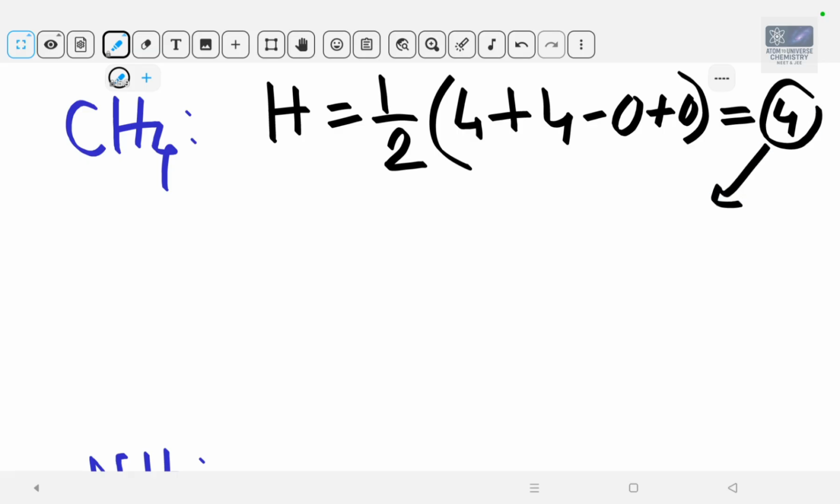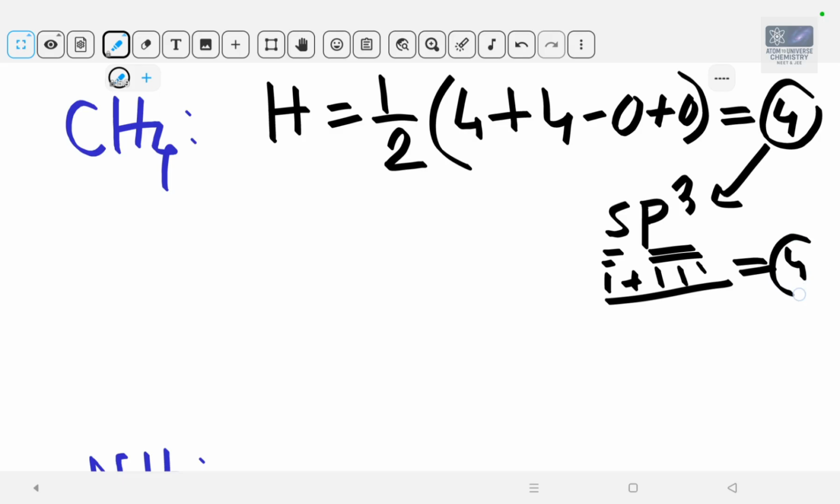So 4 gives you the hybridization sp3, 1 for s, and for 3p you can take 1 1 1, giving you a total of 4. Okay.